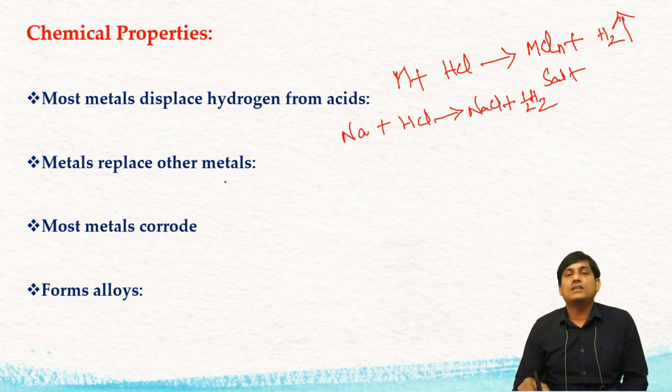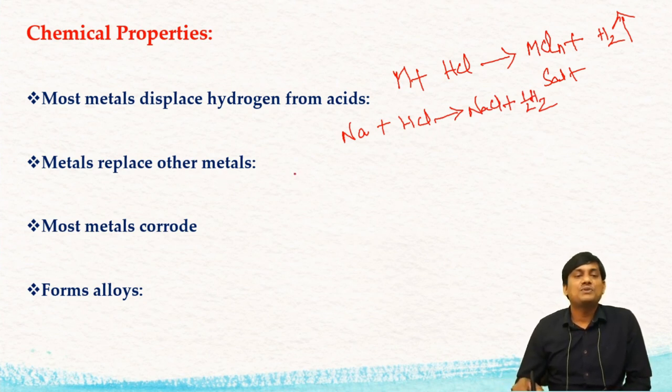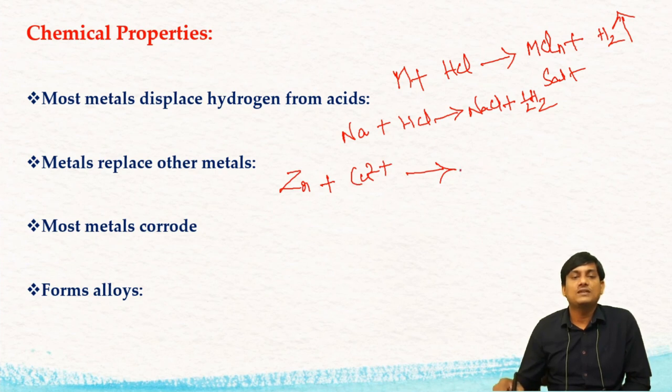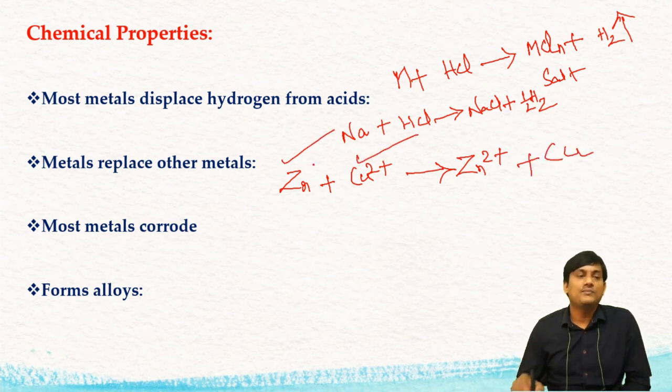Metals replace other metals. Suppose you take zinc and treat it with Cu2+, the zinc replaces Cu2+ ions, forming Zn2+ and Cu, meaning copper is displaced by zinc.